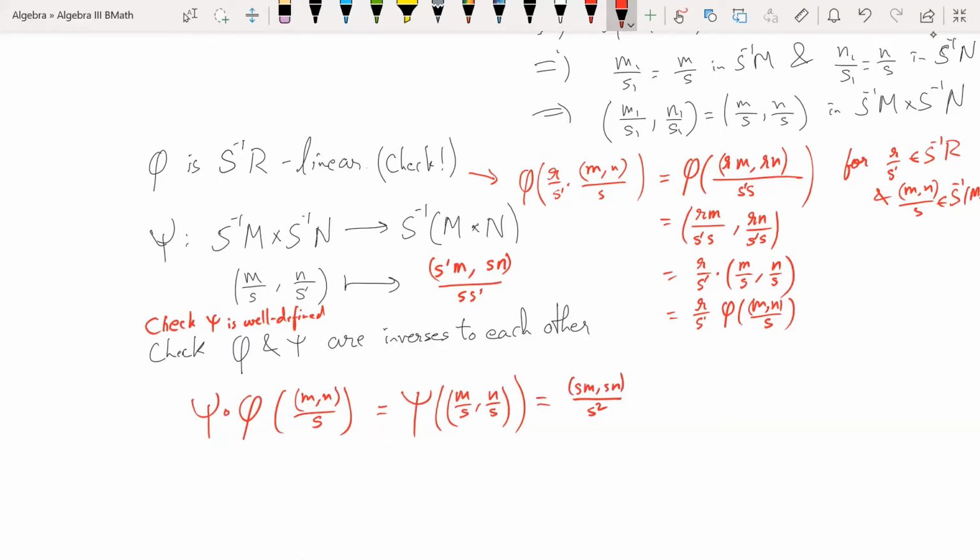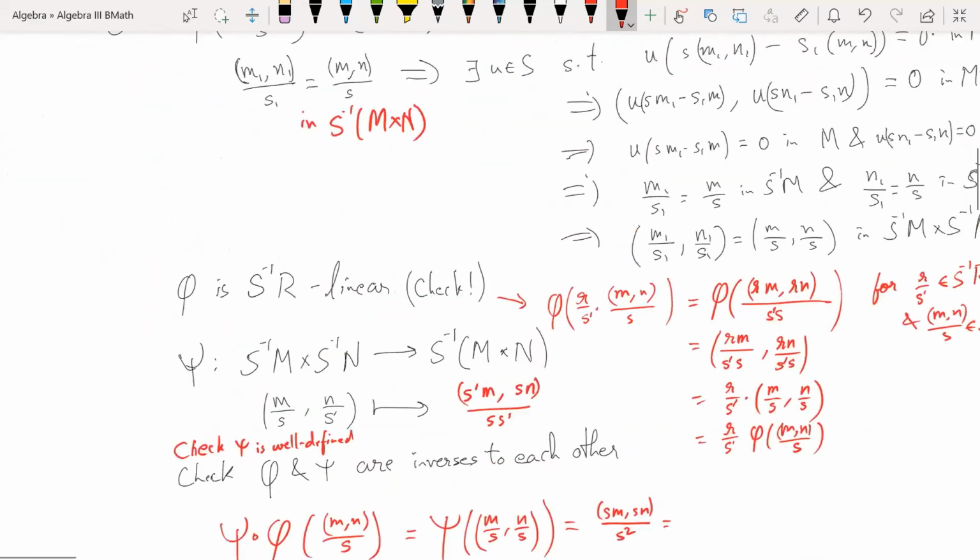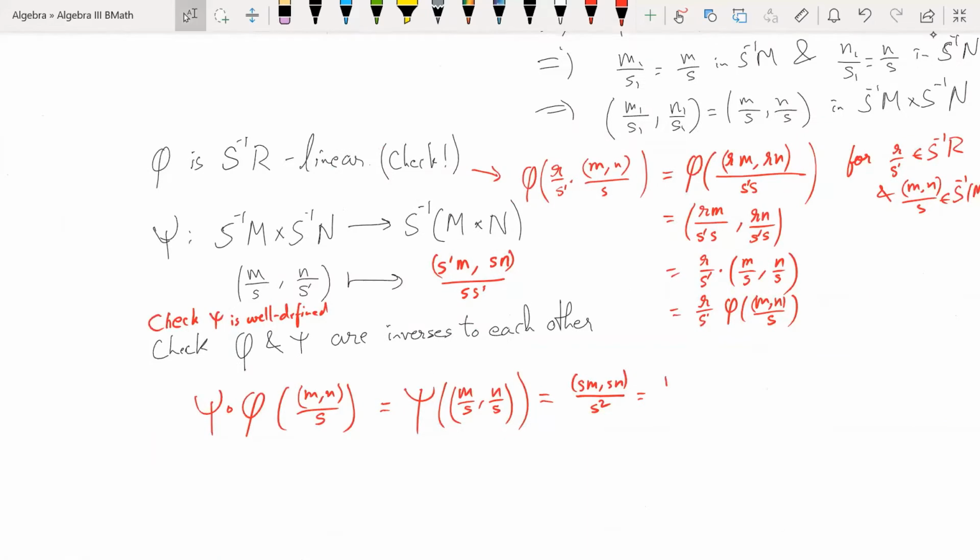But we can see that this is equal to m comma n over s, because these two represent the same equivalence class, since you have this s factor out.